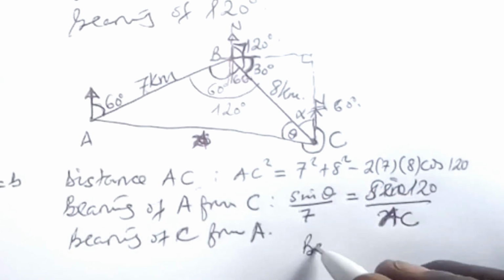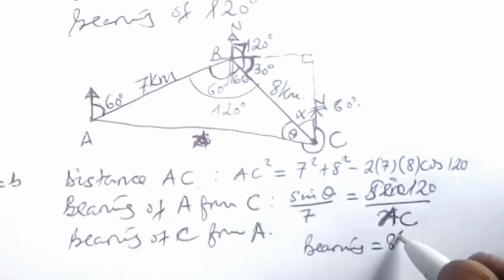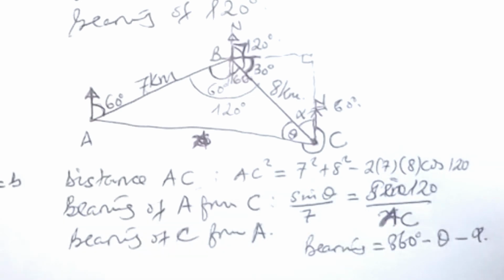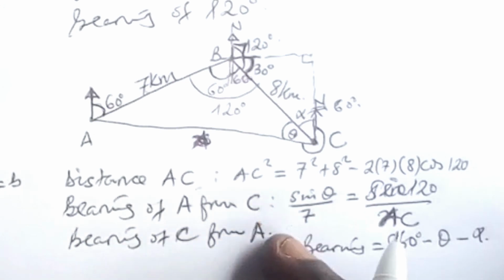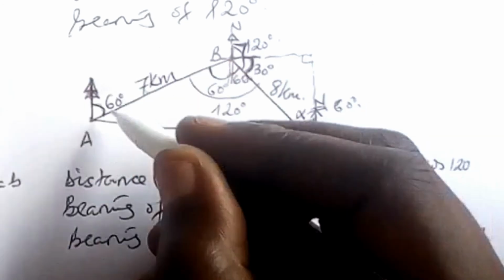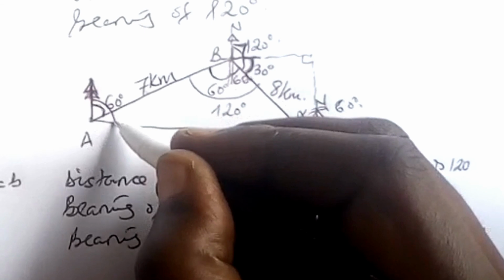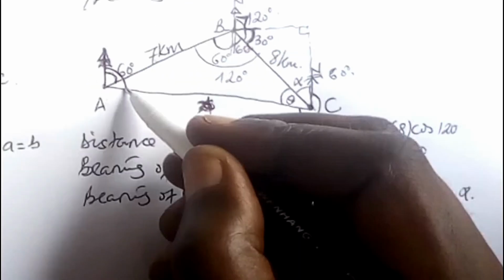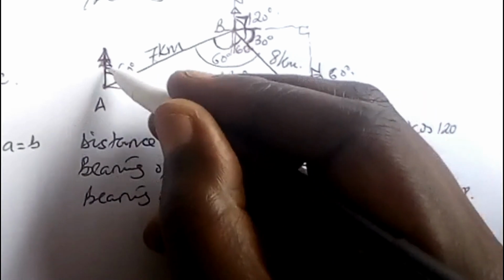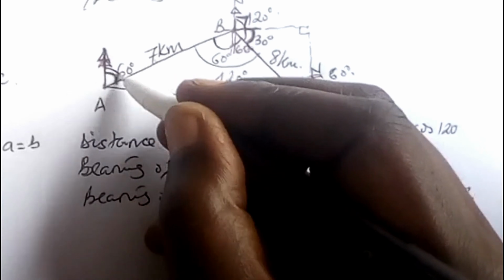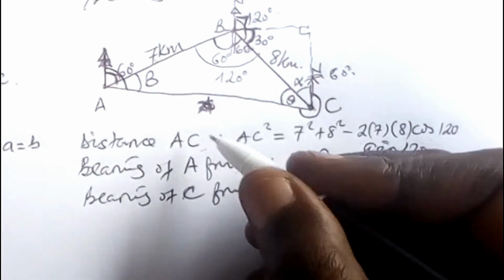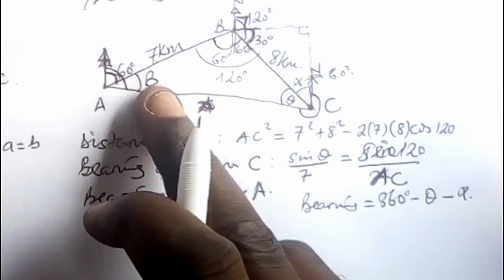And so the bearing now should be equal to 360 degrees minus theta minus alpha. For the bearing of C from A, I go to A, and from the north it is that angle up to the line again, joining A and C. That will be the bearing of C from A. But then this other angle up is 60 degrees, so this other one I can designate as beta, and again I can use the sine rule to get beta.